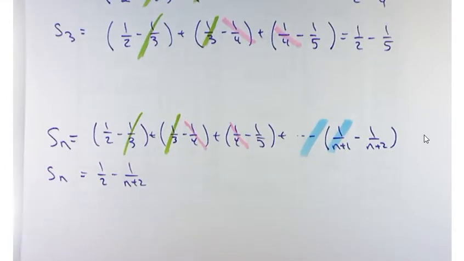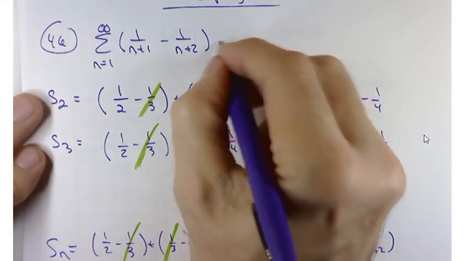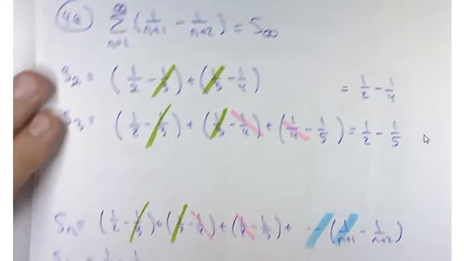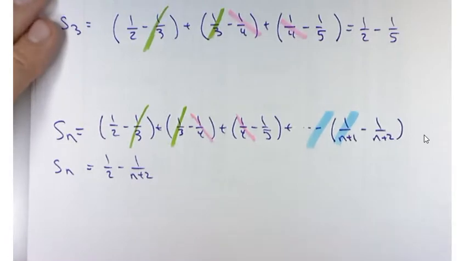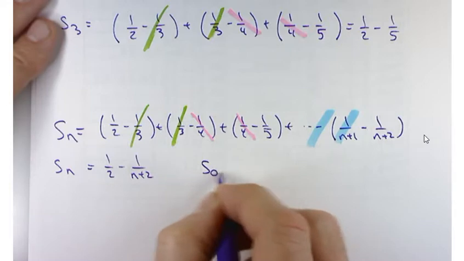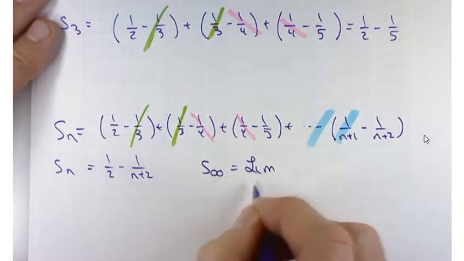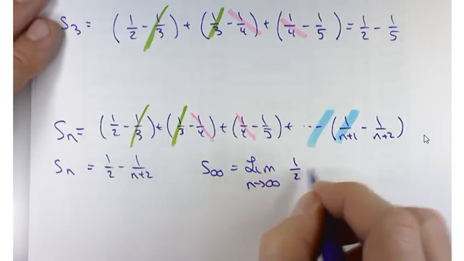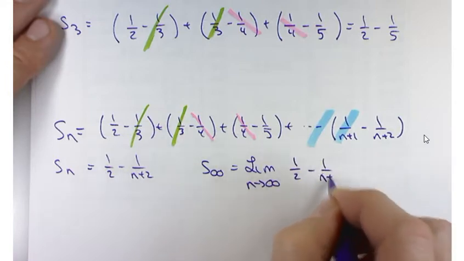Now how does that help me? Well, that's the sum of these terms all the way up to the nth one. But this is really S sub infinity. It's the sum of all those terms. To calculate this, S sub infinity equals the limit as n approaches infinity of 1/2 minus 1 over n plus 2.